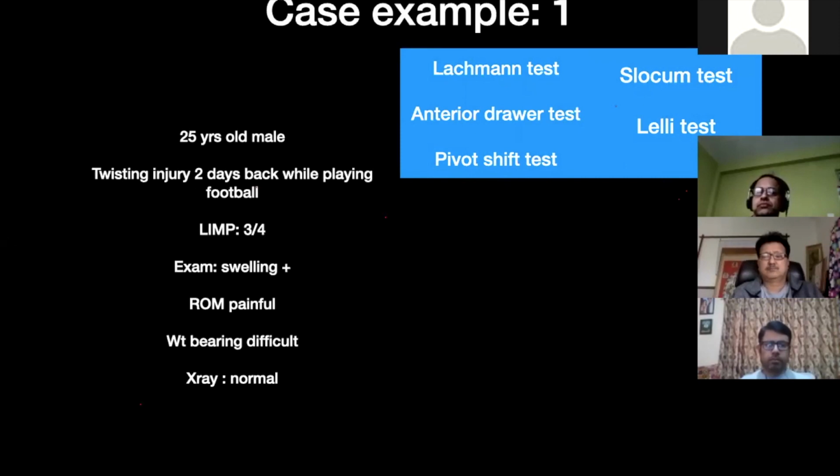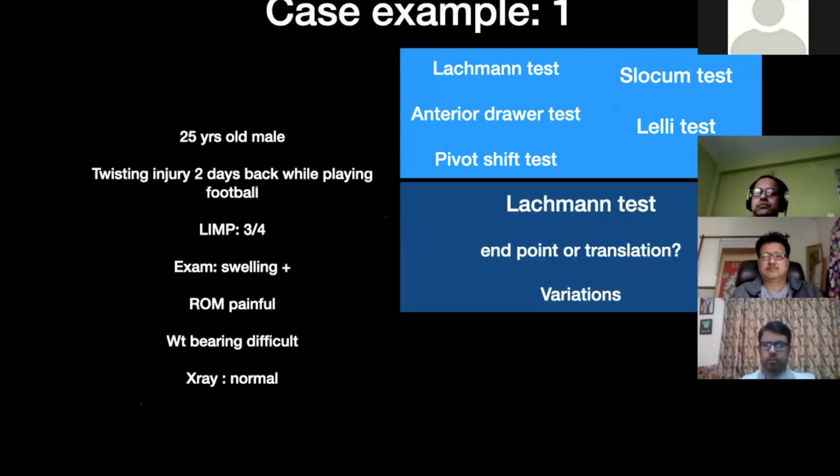Amit sir. Let me start a little earlier. The previous question was how you proceed, which test. So first thing I do is the active and the passive range of motion of the affected knee. This will give you an idea how much pain the patient is having.